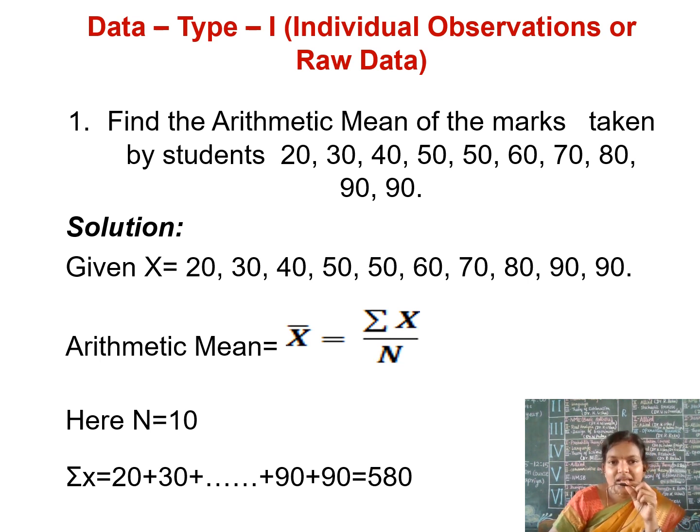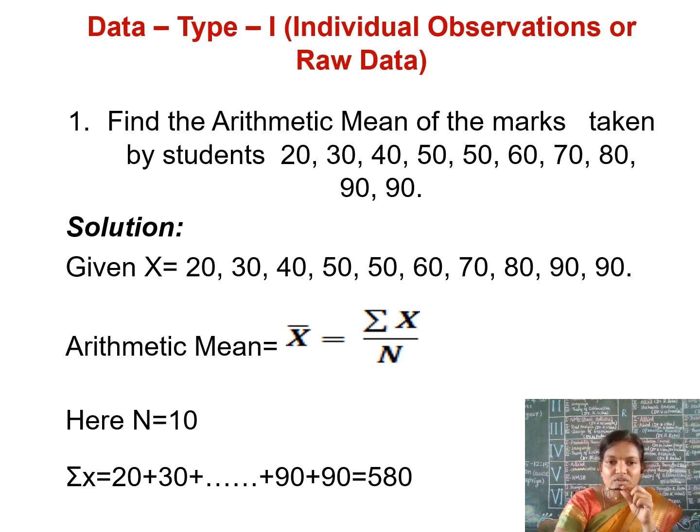Here in this slide you can see: find the arithmetic mean of the marks taken by the students: 20, 30, 40, 50, again 50, 60, 70, 80, 90 and 90. The formula for arithmetic mean is X bar equals summation X by N. There are 10 values. You just count the number of values and add the values.